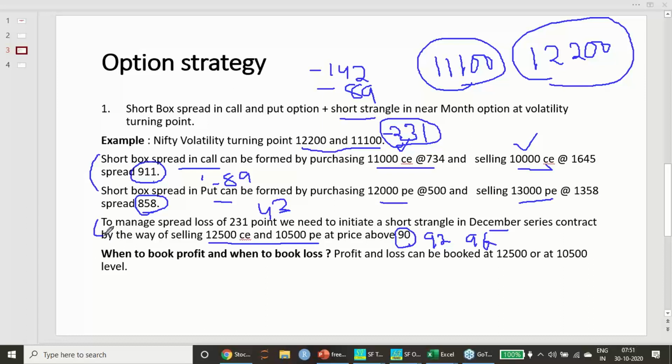Theoretically, you can't estimate the profit or the losses because these two strategies are happening in two different months. So that is the reason this hybrid strategy cannot give you any theoretical estimation of the profit and loss, and you are not going to hold this strategy till the end of November.